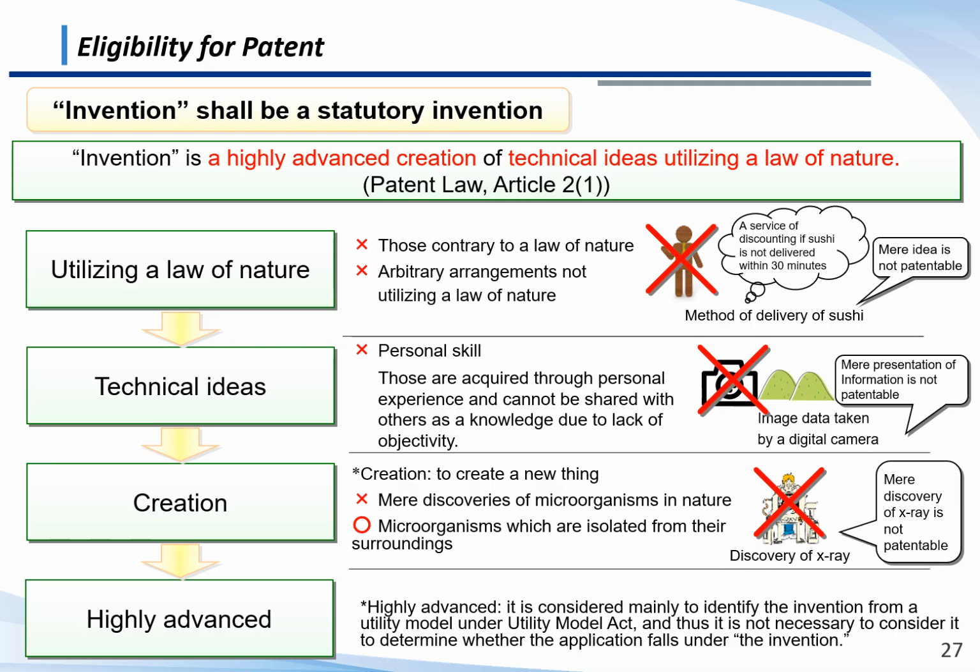On the other hand, if microorganisms have been isolated artificially from their surroundings, those are creations and considered as statutory inventions. Additionally, the term highly advanced in the definition of a statutory invention mainly serves to differentiate the invention from a device under the Utility Model Act. Thus, it is not necessary to consider it to determine whether the application falls under a statutory invention.